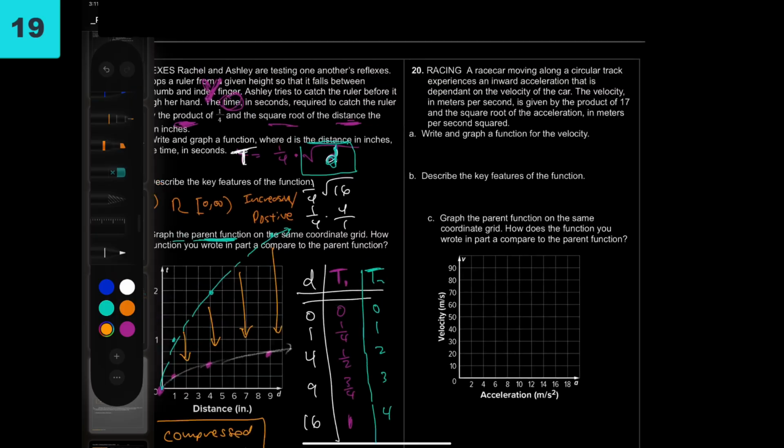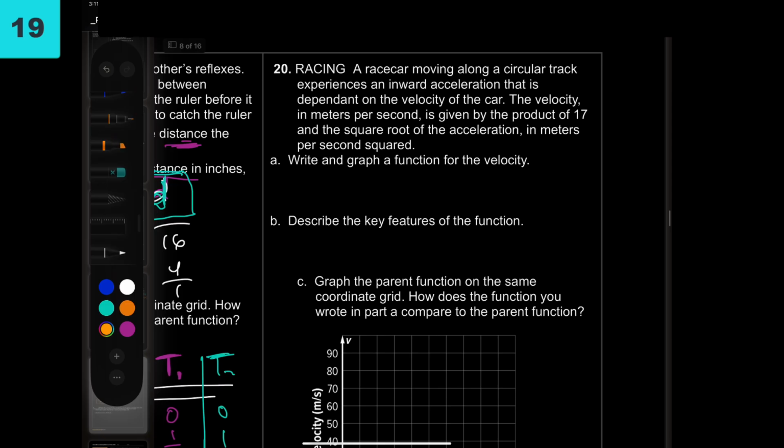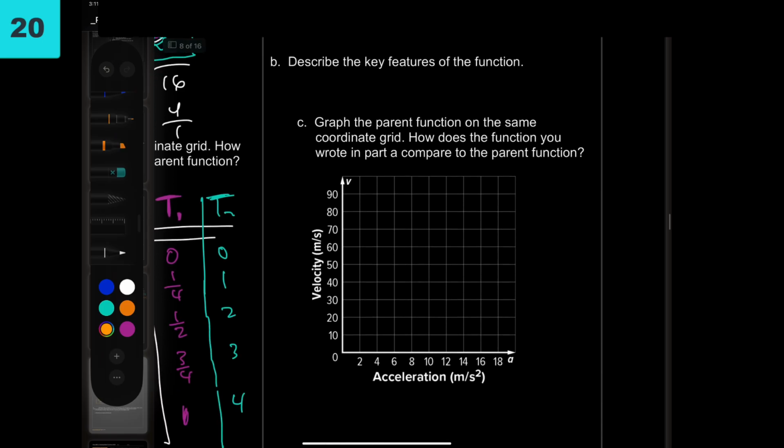Let's talk about racing. A race car is moving along a circular track, experiences inward acceleration that is dependent on the velocity of the car. The velocity, so V for velocity, in meters per second. So if you look at your graph, meters per second, that is V. V is down here on this axis, okay?